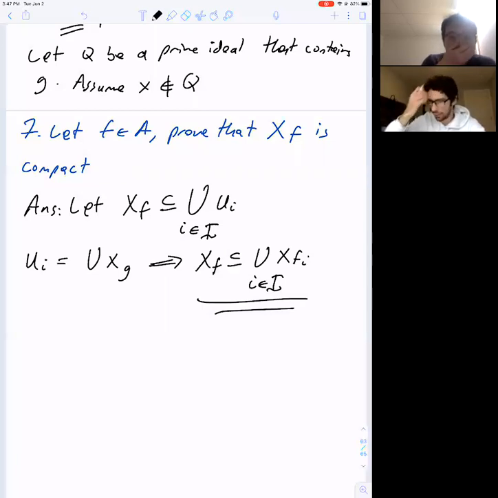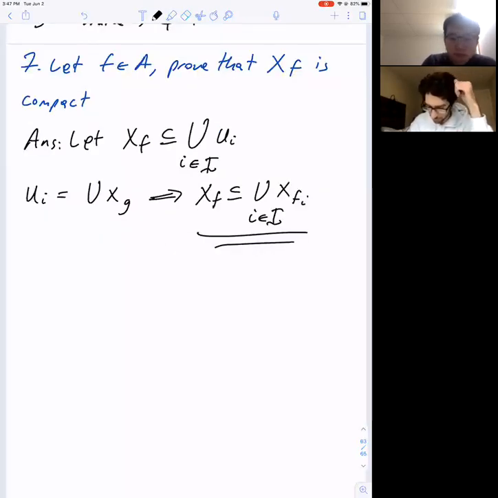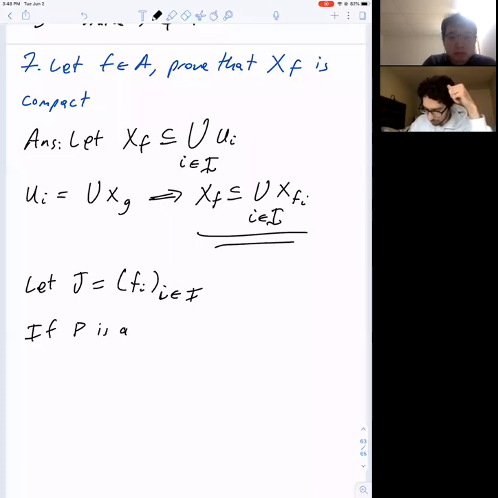Let, first of all, J be the ideal generated by all the F_i. So if P is a prime ideal in X_F, then P is in X_{F_i} for some F_i.